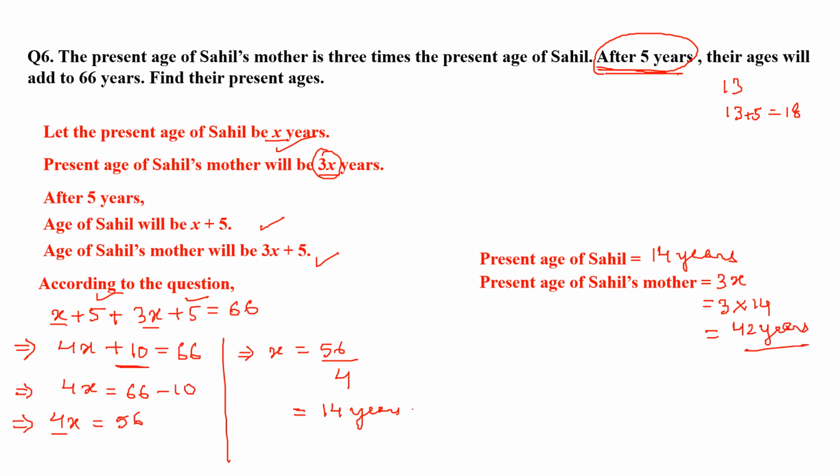So again, I'm telling, the age related question is very important. Okay. And this part you have to work on first. Directly you can't put the relation in x and 3x. The sum of the age which is given after 5 years. So first you have to find what will be their ages after 5 years. Now many times you will see the question 5 years ago.